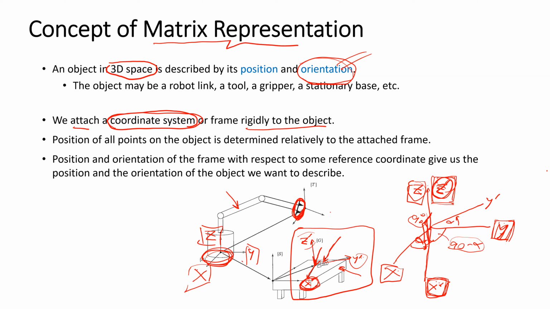If the screw rotates about the Y prime axis by 10 degrees, our frame also rotates about the Y prime axis by 10 degrees. So we are not talking about an object anymore, but we will talk about the frame that is attached to the object.